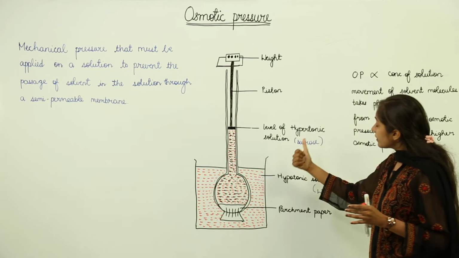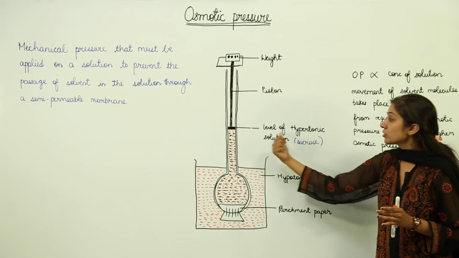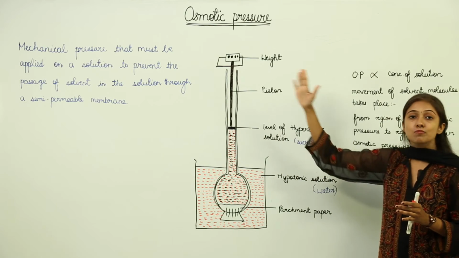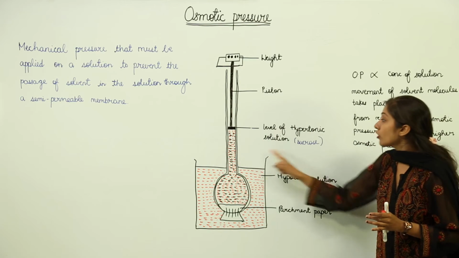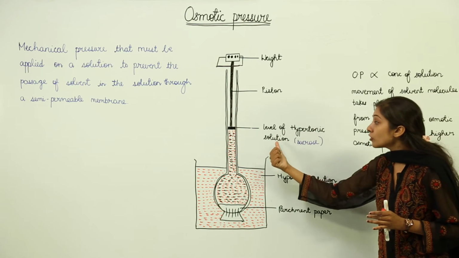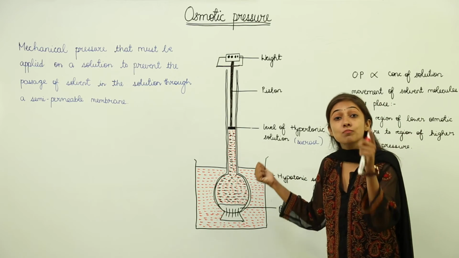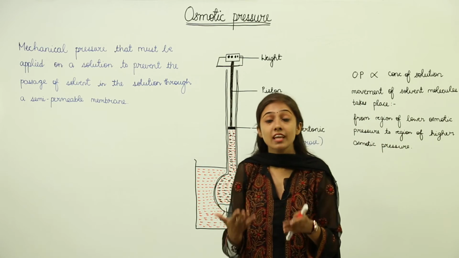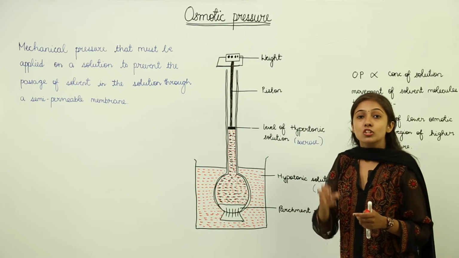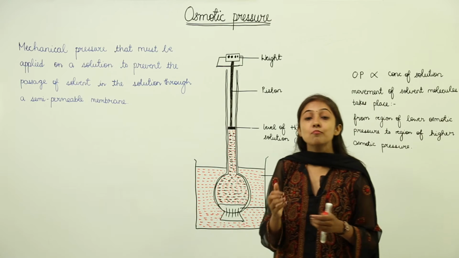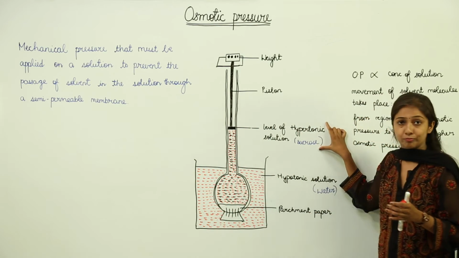Now, I told you that we will be discussing hypertonic solution and hypotonic solution on the basis of osmotic pressure. Now, what is a hypertonic solution? A hypertonic solution is the solution which has higher osmotic pressure. It has higher osmotic pressure, means the solute particles are more in number, means it is a concentrated solution.